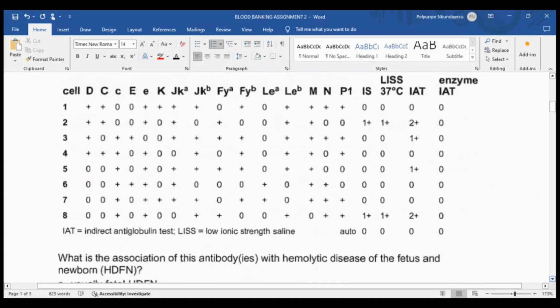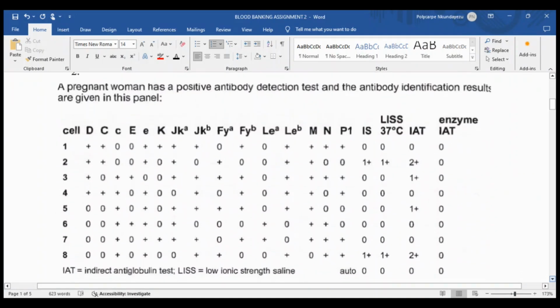So, this is another antibody detection test and antibody identification result. This is a pregnant woman who was positive. We have different antigens, and the reaction media include low ionic strength solution at 37 degrees, as well as the indirect antiglobulin test, and the indirect antiglobulin test with enzyme.